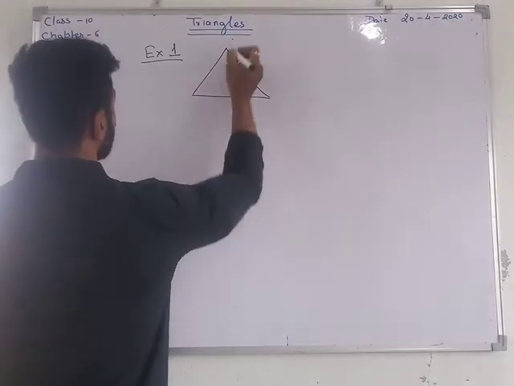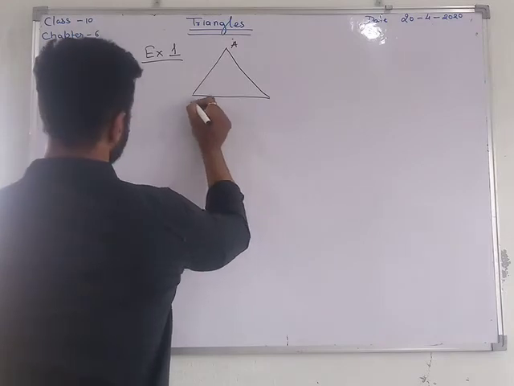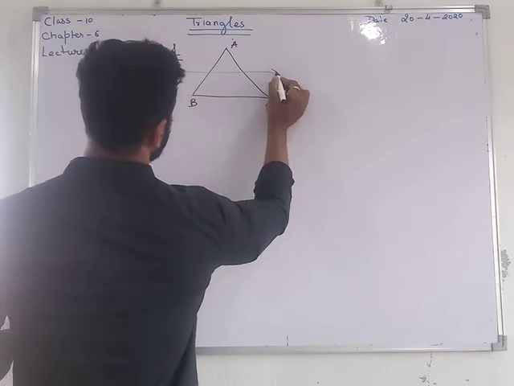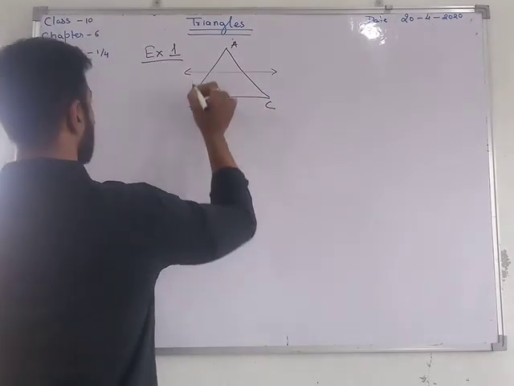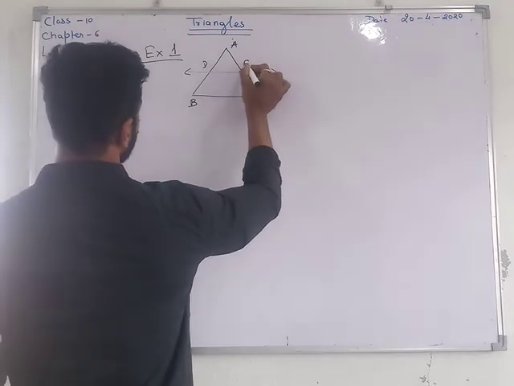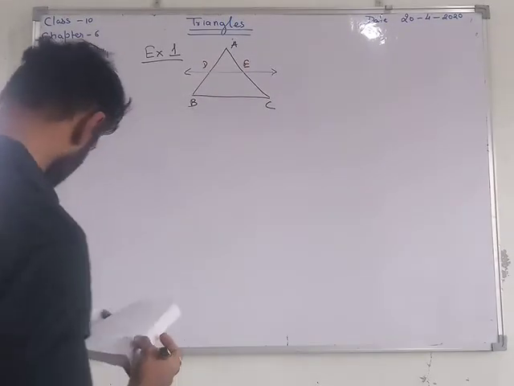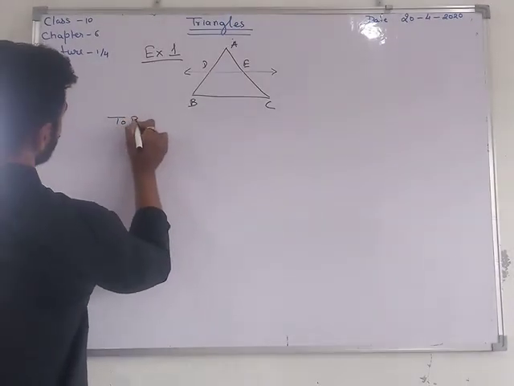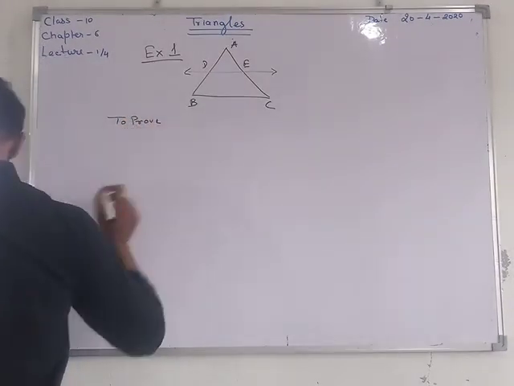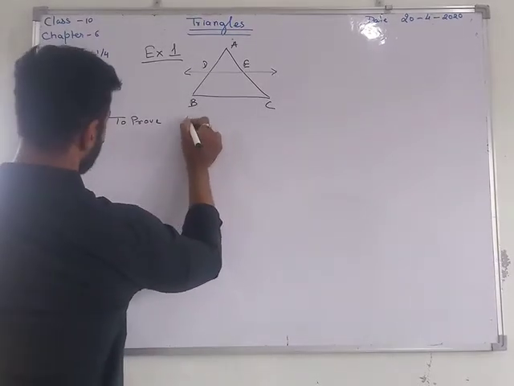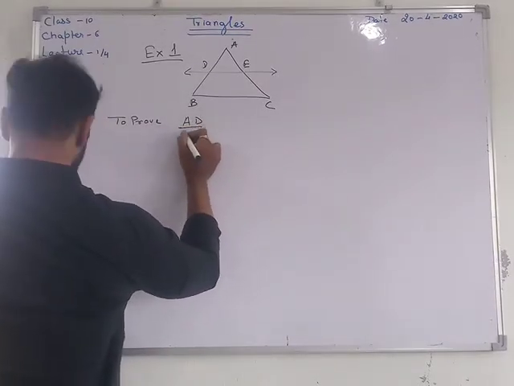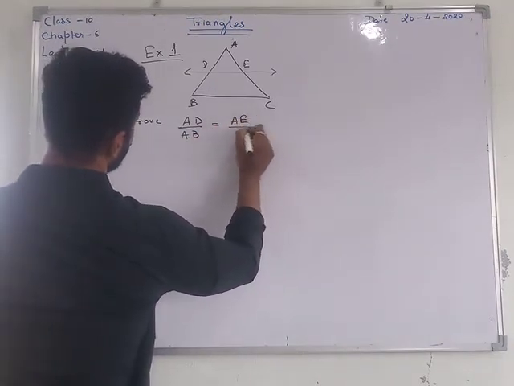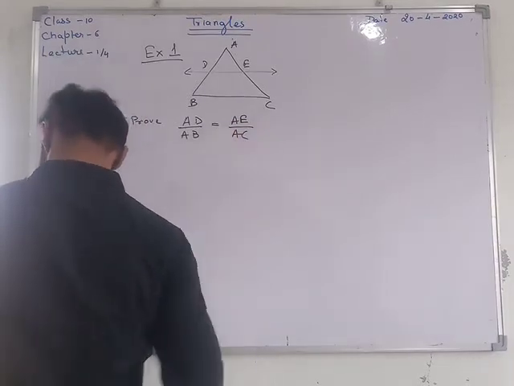We have a triangle A, B, C, and we have drawn a parallel line which is intersecting at points D and E, and we have to prove AD by AB is equal to AE by AC.